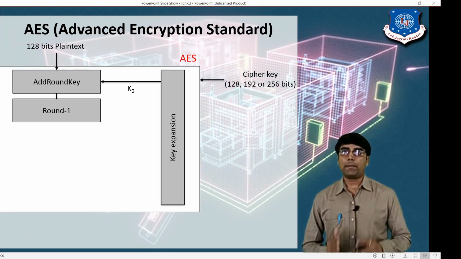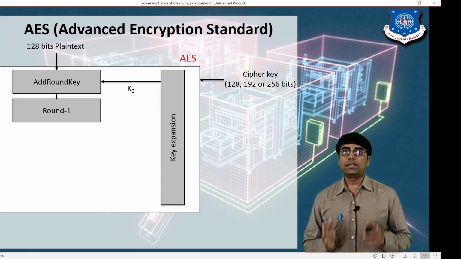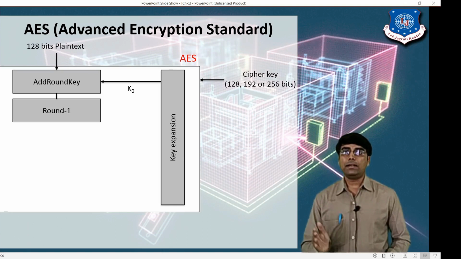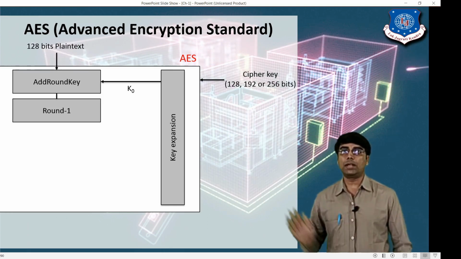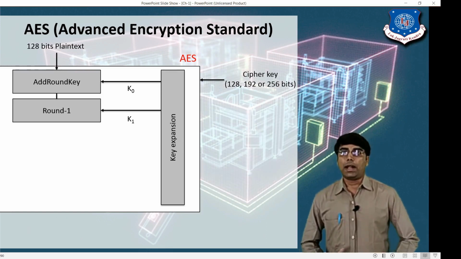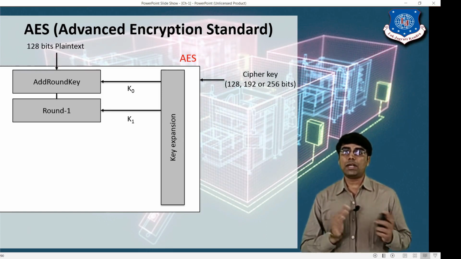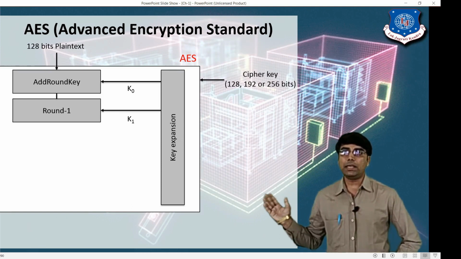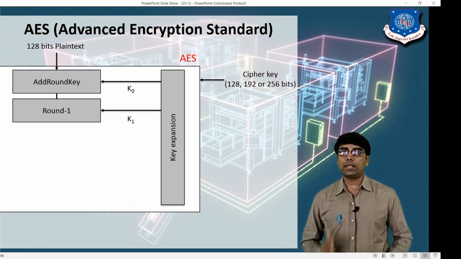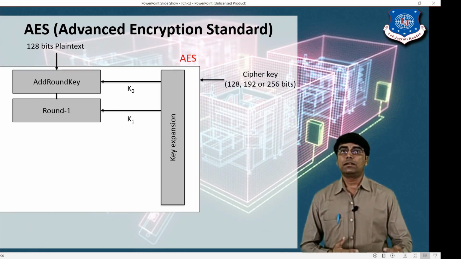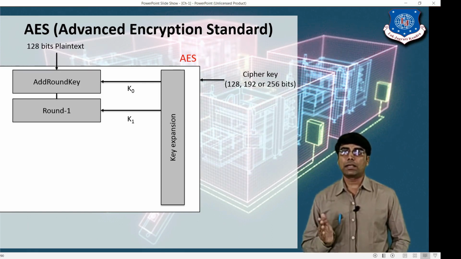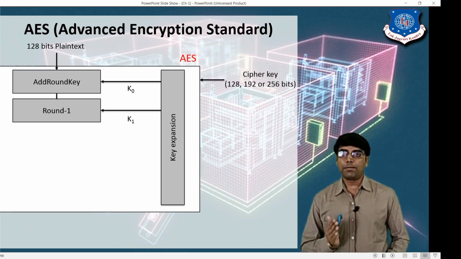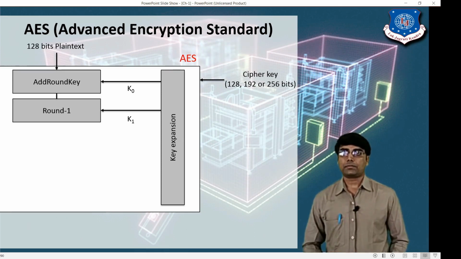Now after applying the XOR operation in add round key, it's generating some output, and the output of add round key will be given as input to round 1. And in round 1 we also input the key K1, and for the K1 key we are generating sub words, and its input is W4 to W8.